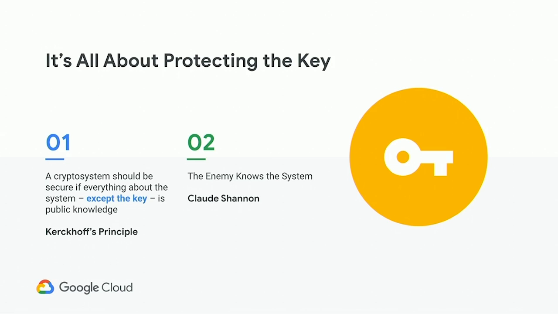The key is the secret. Everything else should be known. And Claude Shannon also stated essentially the same thing, that you should assume that the enemy, the attacker, knows the system. So closing the system down, making the system a secret, is not going to make the whole system secure.